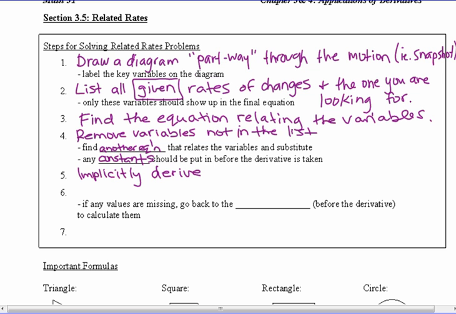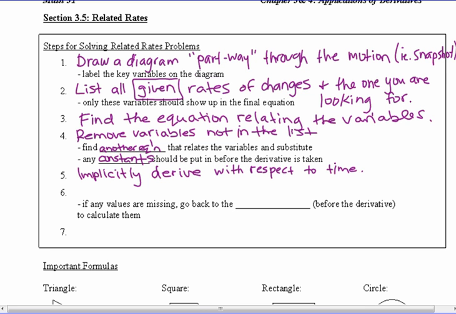If you want the rate of change of something, it's all with respect to time. So how fast is the volume changing per second? How fast is the radius changing per second? How fast is your distance changing per second? So it's all with respect to time. We're using implicit differentiation because our equations will not have time in them. They have other variables.